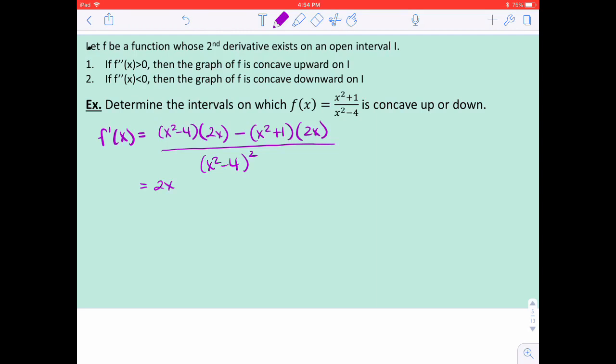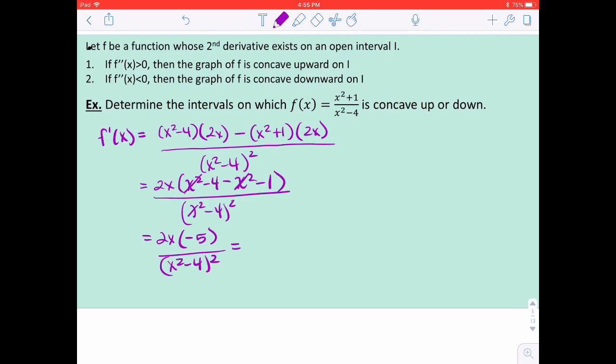So 2x, and then we can factor out 2x, and then you have x squared minus 4 minus x squared minus 1 all over, oops. Okay, so 2x times, well, these cancel out, and that becomes -5 over x squared minus 4 squared, which is equal to -10x over x squared minus 4 squared.